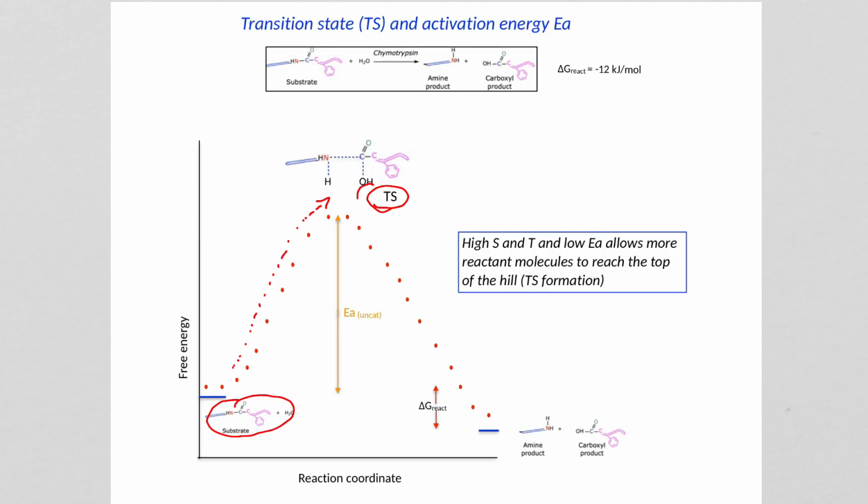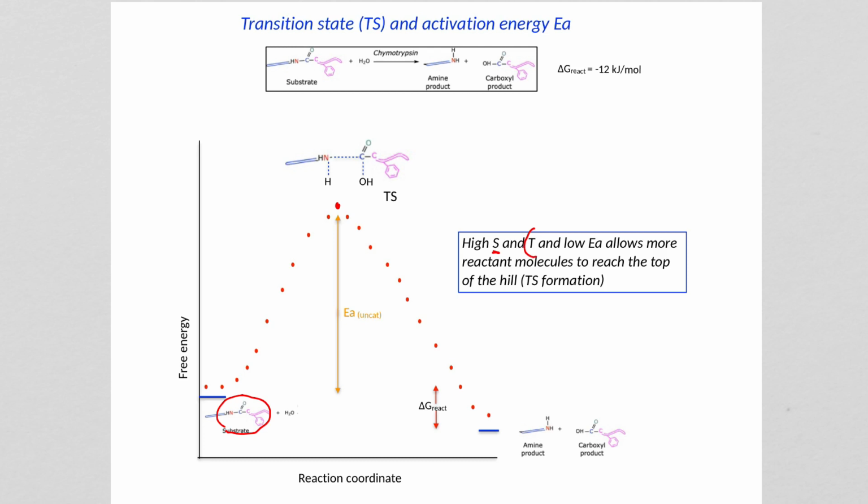And once they reach the top of this hill, the energy of the transition state, then they can easily come down to give you the products. So that's why the higher the substrate concentration, the more likely we can have molecules of the substrate that have reached the top of the hill.